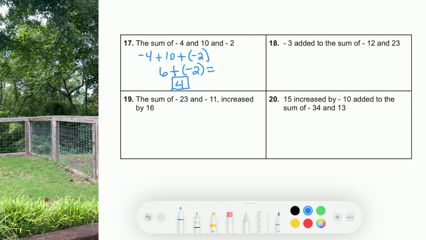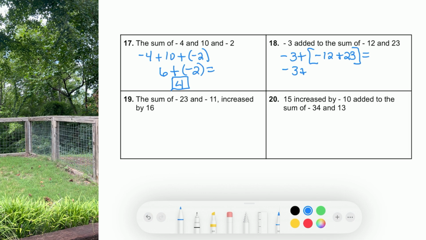Number 18. We have negative 3 added to the sum of negative 12 and 23. So we need to do what's in our bracket first. Negative 12 plus 23.